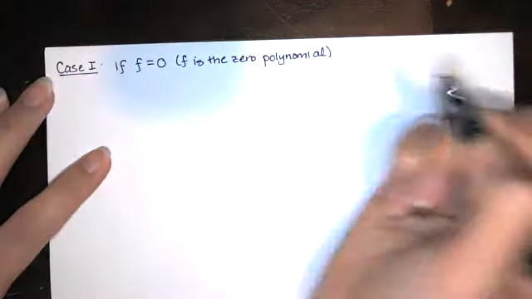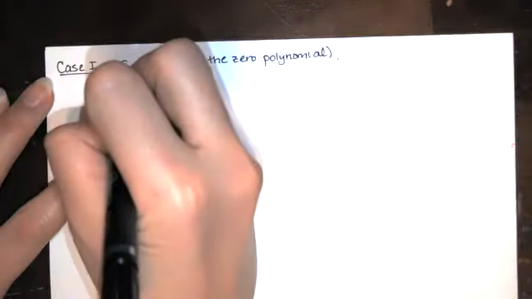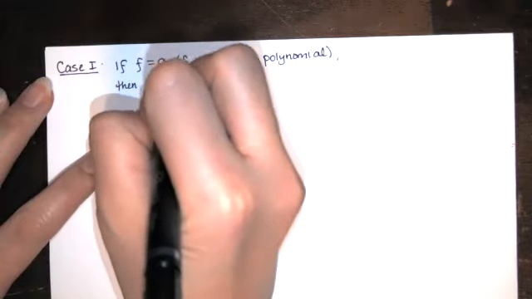So let's first prove that if F is the 0 polynomial, then F is the 0 function.